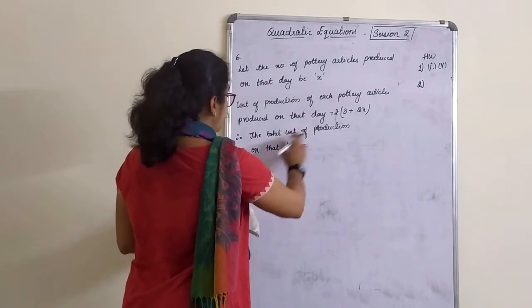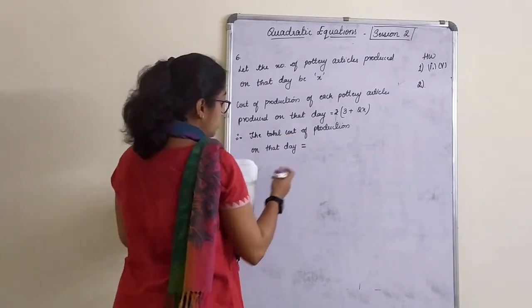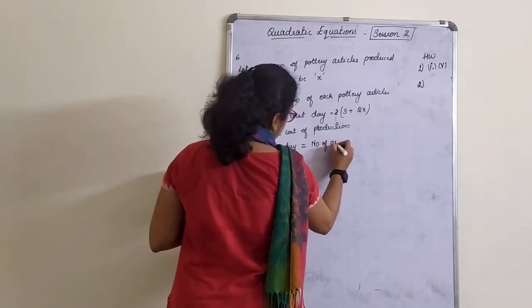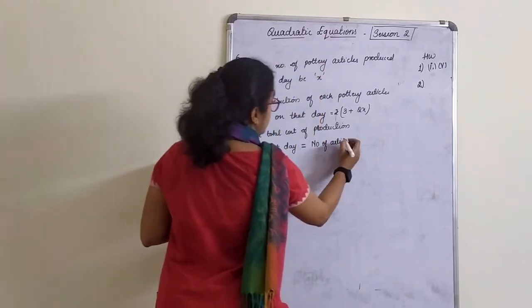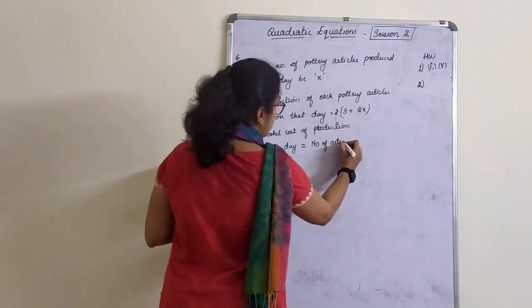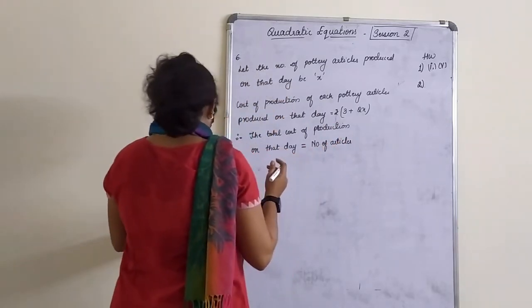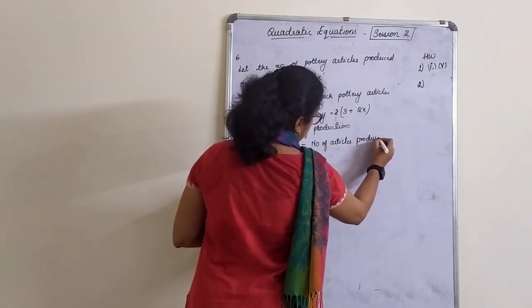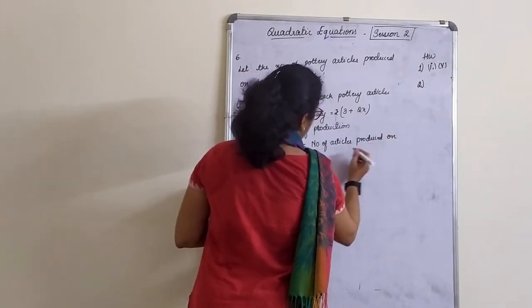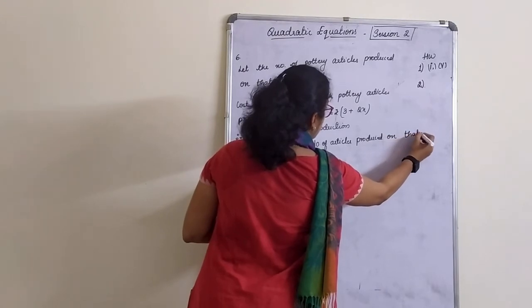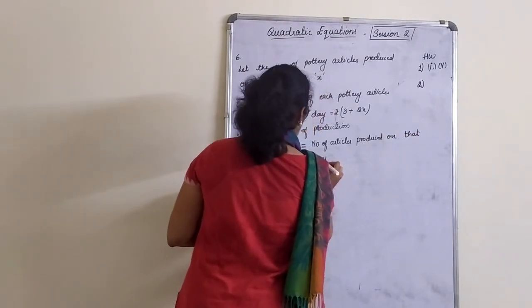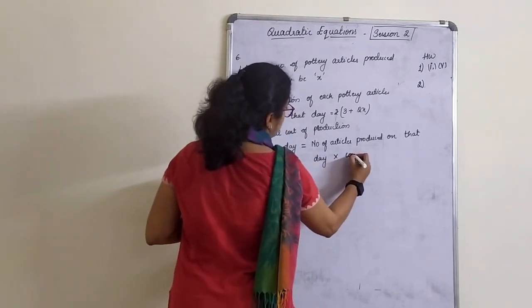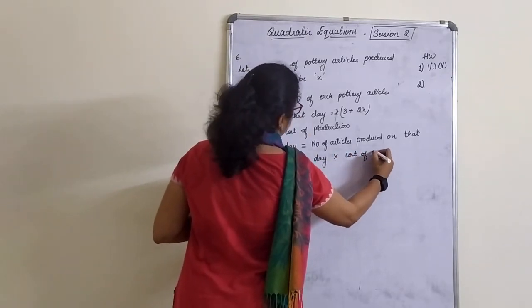So total cost of production on that day is equal to number of articles produced on that day into cost of production.